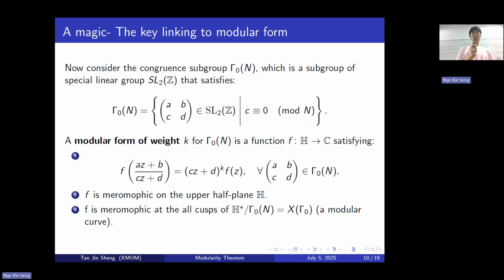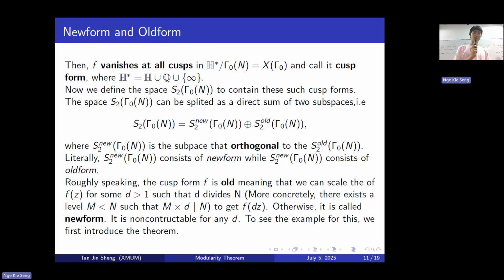And third, it is meromorphic at all cusps on the modular curve, and it vanishes at all cusps in the modular curve. And we call it a cusp form. Where H star is the completed upper half plane, a complex plane.